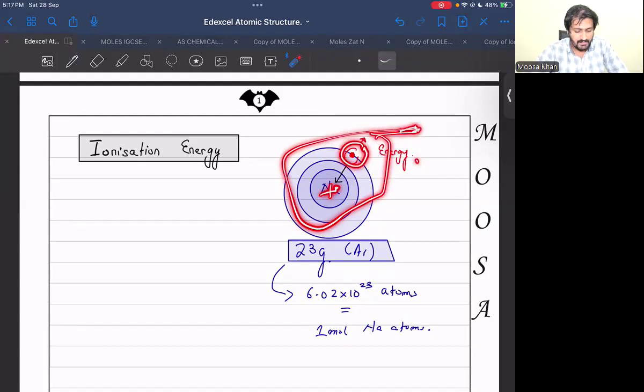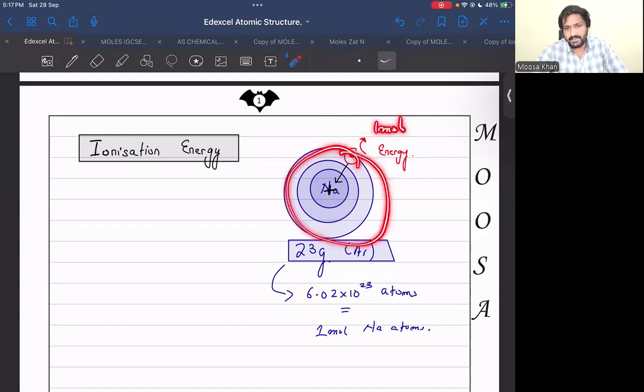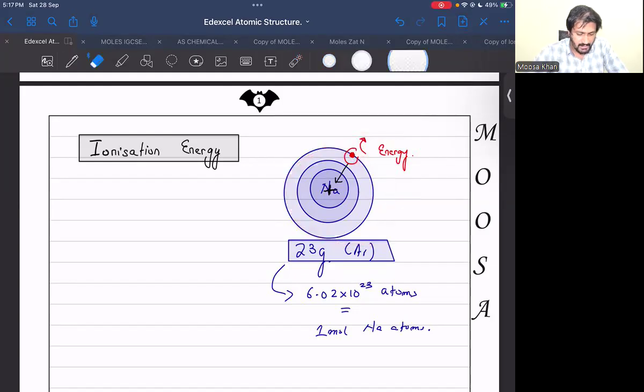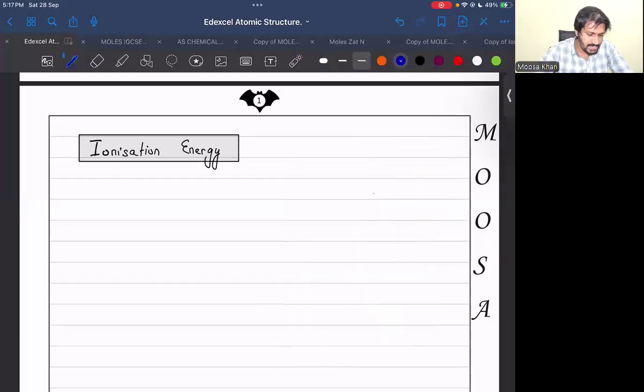So what we do is we try to find the energy required to remove 1 mole of electrons from 1 mole of sodium atoms. So we'll be dealing with 1 mole of everything. So what is ionization energy?